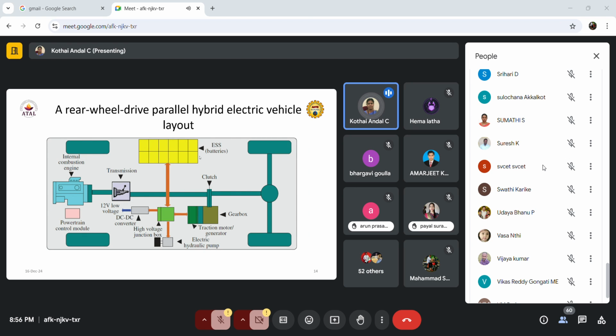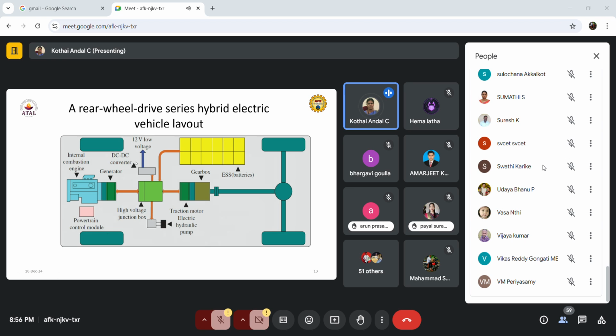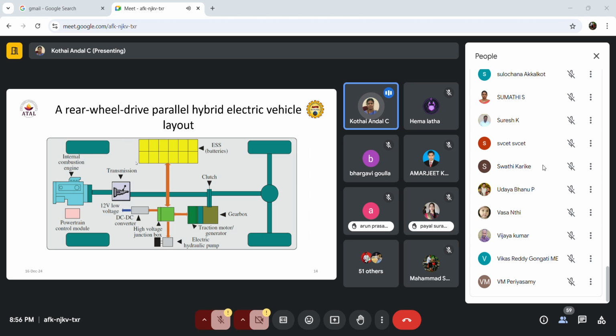Now in parallel mode, three modes of operation are also possible: either by the IC engine, or by the battery, or by the combination of both, engine and battery. In the case of series mode, only the IC engine mode or the battery mode is applicable. But in the parallel hybrid electric vehicle, it is either the IC engine, or the battery, or a combination of both.